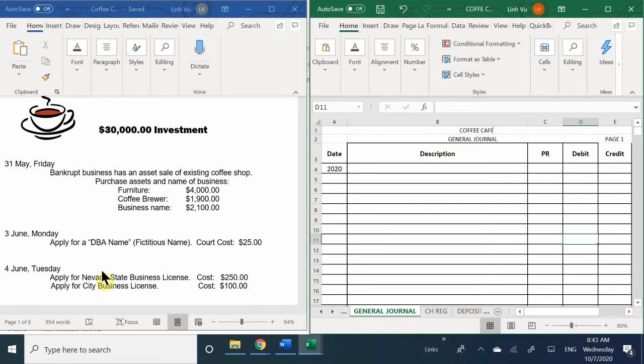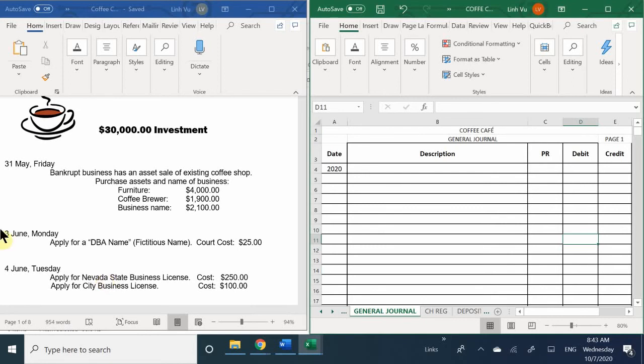Business entity. The business entity assumption says that you need to keep your personal and business transactions separate, and the best way to do that is by making a separate bank account for your business.